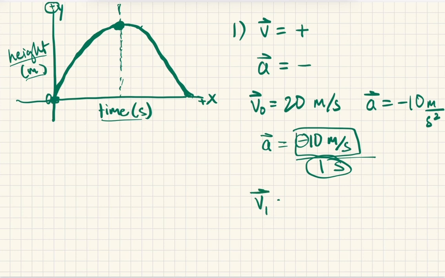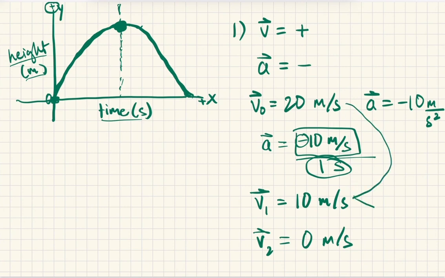So after 1 second, the velocity will now be 10 meters per second. And after another second, so after 2 seconds total, we will be at 0 meters per second. And 0 meters per second would be where we reach that maximum height. Okay, but anyways, you do see that the speed is decreasing. Remember, speed is just the magnitude of our velocity, so the speed is decreasing. And so in this case, yes, the negative acceleration does mean that we're slowing down, okay?